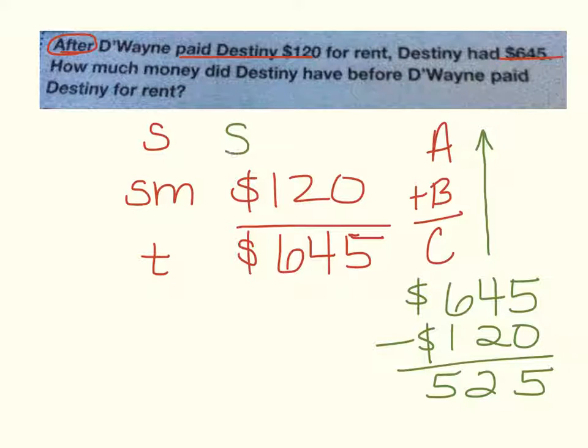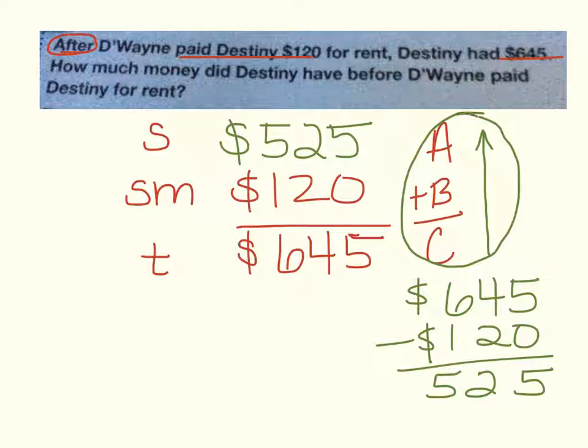So the total she started with was $525. Because we studied the inverse operation and because we looked at missing parts of a problem, you hopefully realized that here when the A was missing, you would reverse it because subtraction is the inverse.